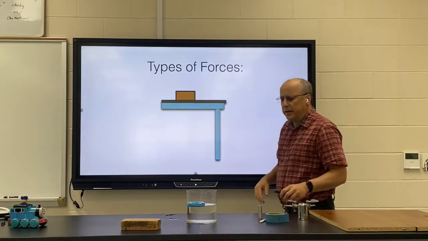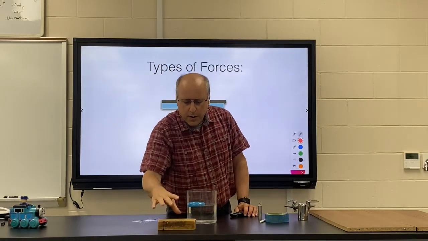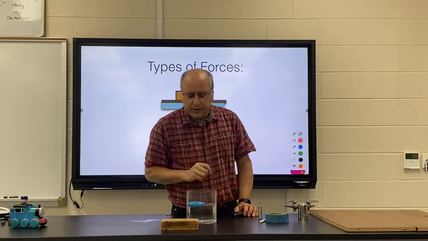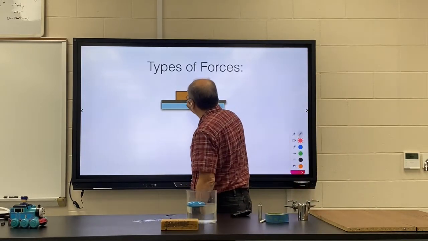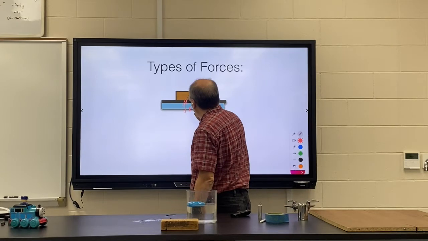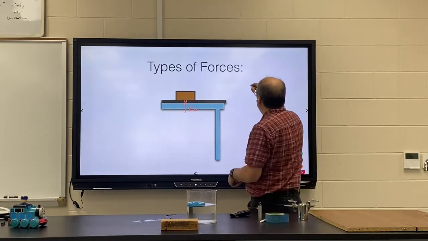The next one is a force you probably haven't heard of before. But if I put this object down on the desk, there's obviously a force fighting against gravity. And that force is called force normal. Normal means perpendicular.